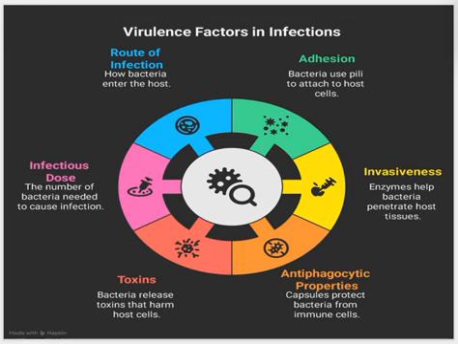Antiphagocytic properties, like capsules, protect bacteria from immune cells. Toxins are harmful substances released to damage host cells. And finally, the infectious dose is the number of bacteria needed to establish infection. Together, these factors explain why some infections are more severe or harder to treat.